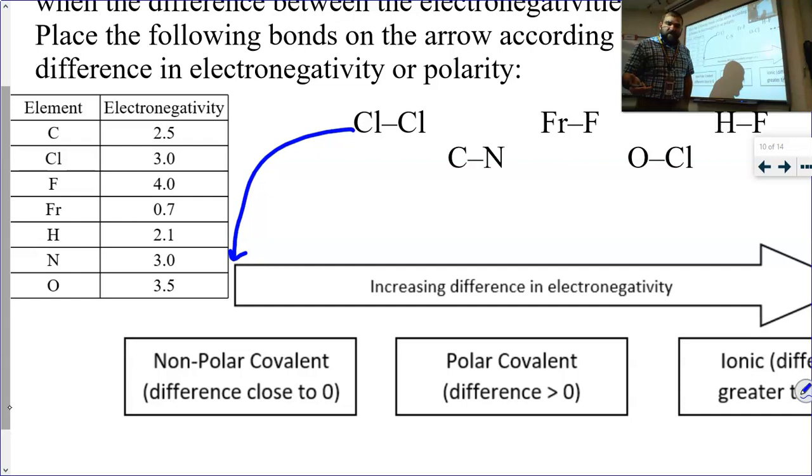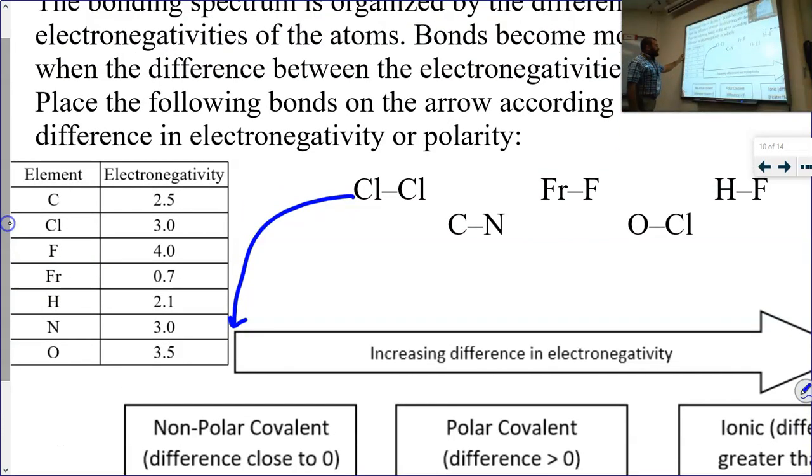Remember, and I'll talk about this later as well on this slide, polar means that there are opposite ends. In other words, a positive region and a negative region. If there aren't those, because in this case we have no partial charges, we would call this nonpolar. It is this exact same value. Nonpolar covalent is what we would call this bond. It's a nonpolar covalent bond.